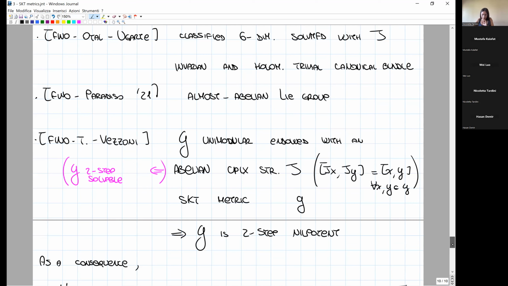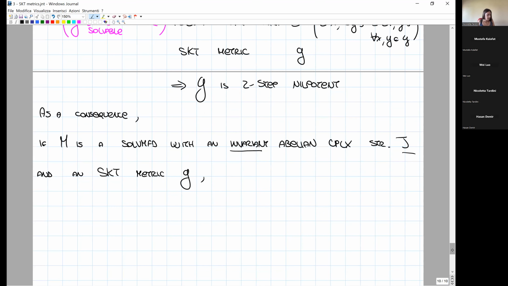So you can apply this result because everything is invariant at that point, and you can work at the level of the Lie algebra. This means that M is a two-step nil manifold.